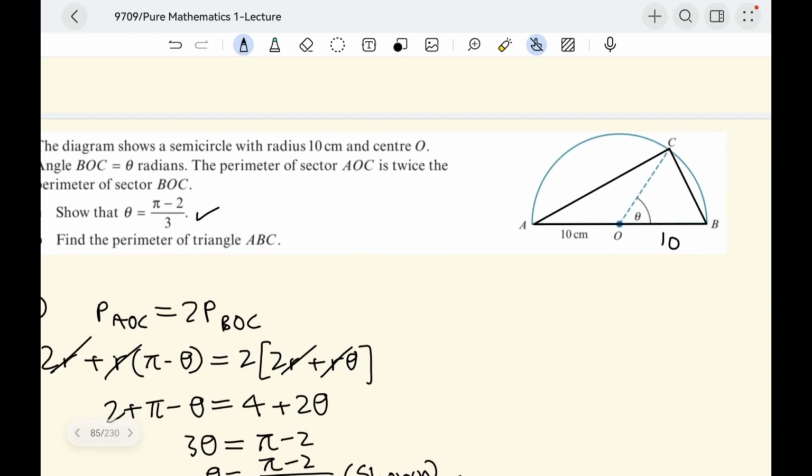So, given that AB is 20 and is also the diameter. As you know, the diameter is twice the radius, 2 times 10, 20. So AB is 20.